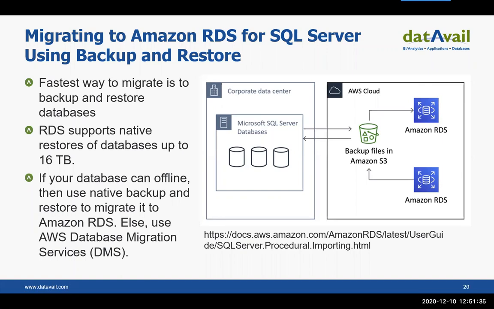Else, this is a big one: if you cannot be offline, and it's also not homogeneous, or heterogeneous, depending how you pronounce it, where you have different data types, and the database cannot be offline, you should consider the AWS Database Migration Service, DMS.